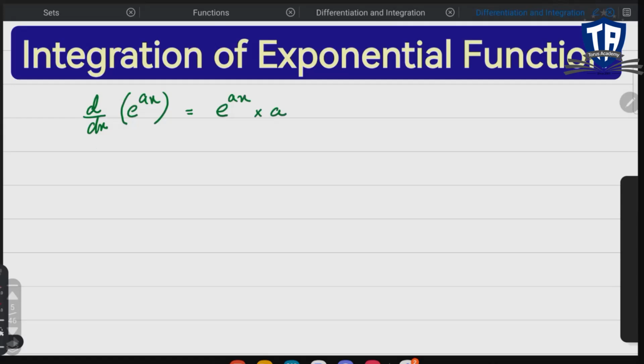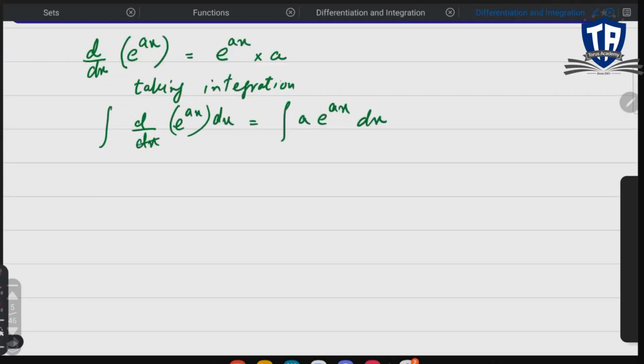Okay, let's take the integral. We can cancel dx with this dx, and d for derivative is opposite to integral, so we can cancel it, and then we have e power ax is equal to, this a is a constant term which is multiplying with the function.